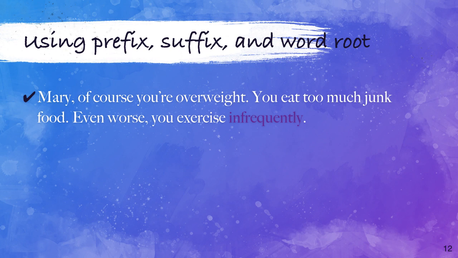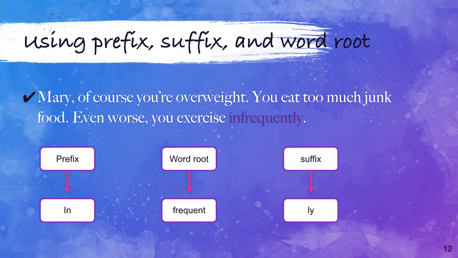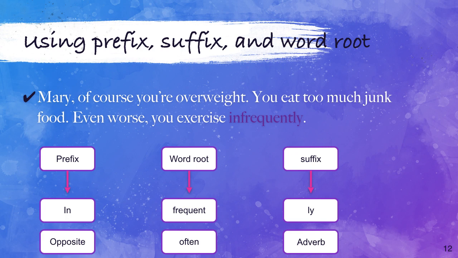This word can be broken down into three components: the prefix in, the word root frequent, and the suffix ly. The prefix in tells us that it's the opposite of something, the word root frequent means often, and the suffix ly tells us that it's an adverb.